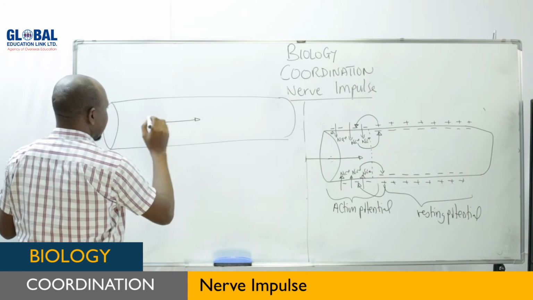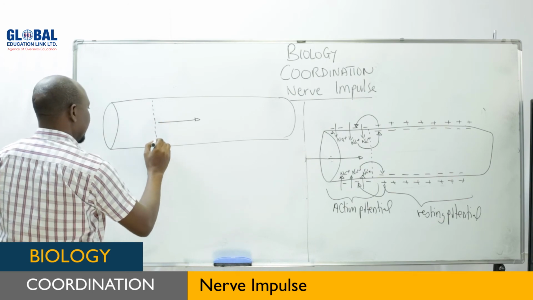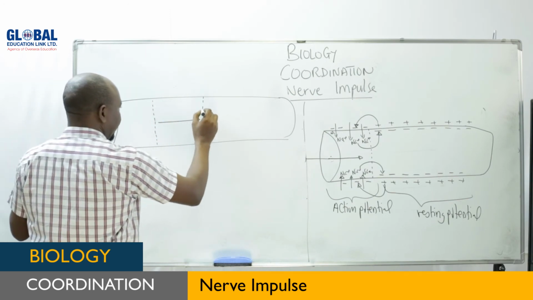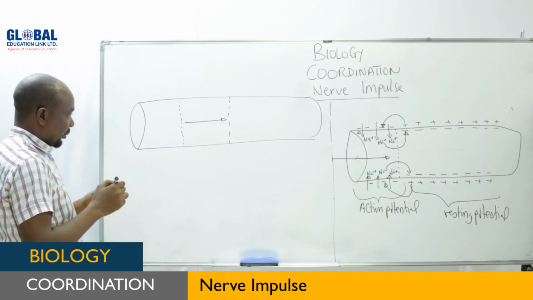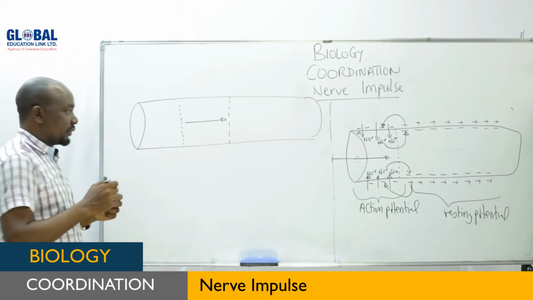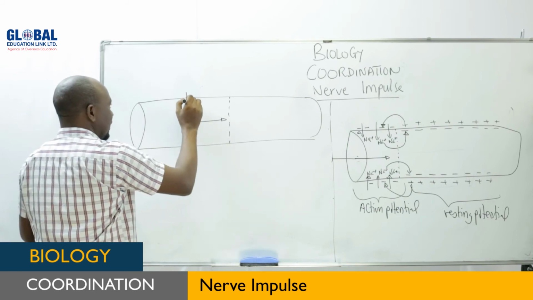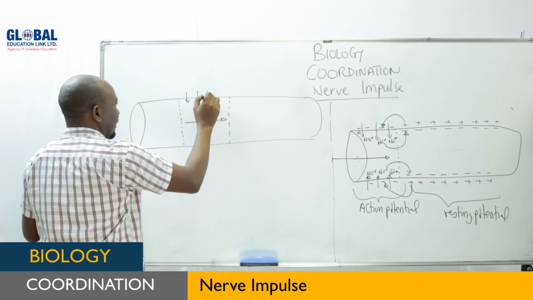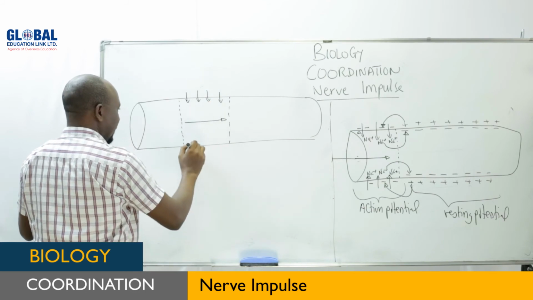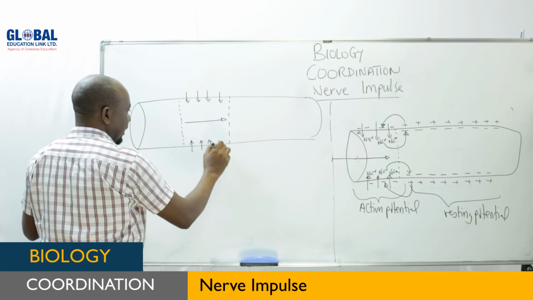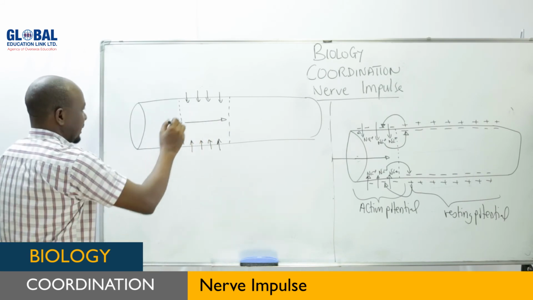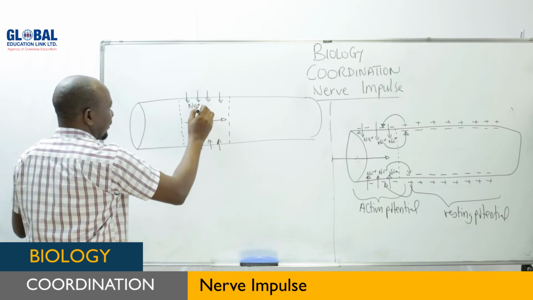Now it has reached somewhere. When the action potential reaches a certain piece of the axon, it is depolarized. The sodium gated channels open and the sodium ions get into the axon plasma. So inside now it is positively charged.